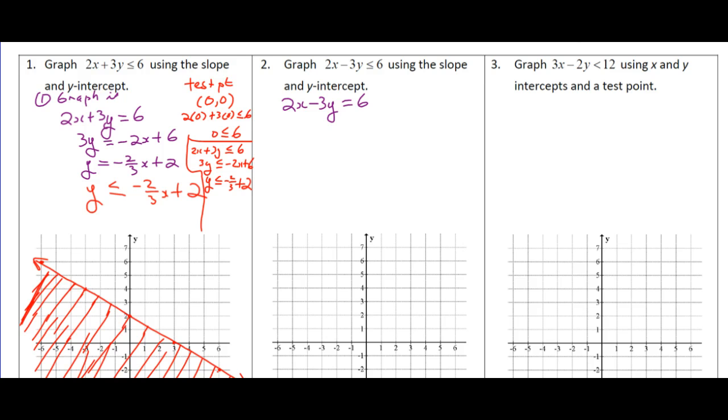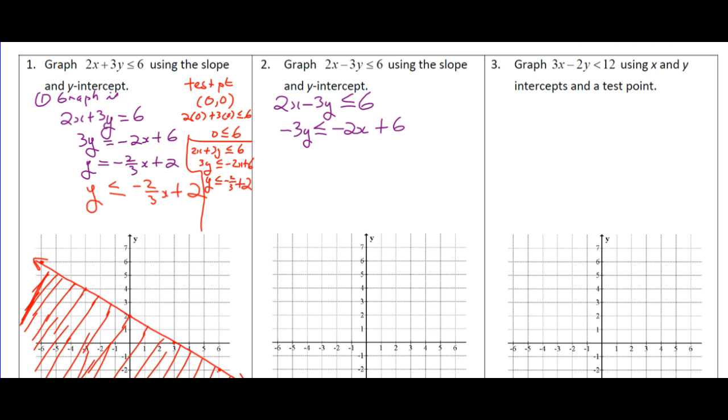Actually, let's work with the inequality. 2x minus 3y less than or equal to 6. So negative 3y is less than or equal to negative 2x plus 6.